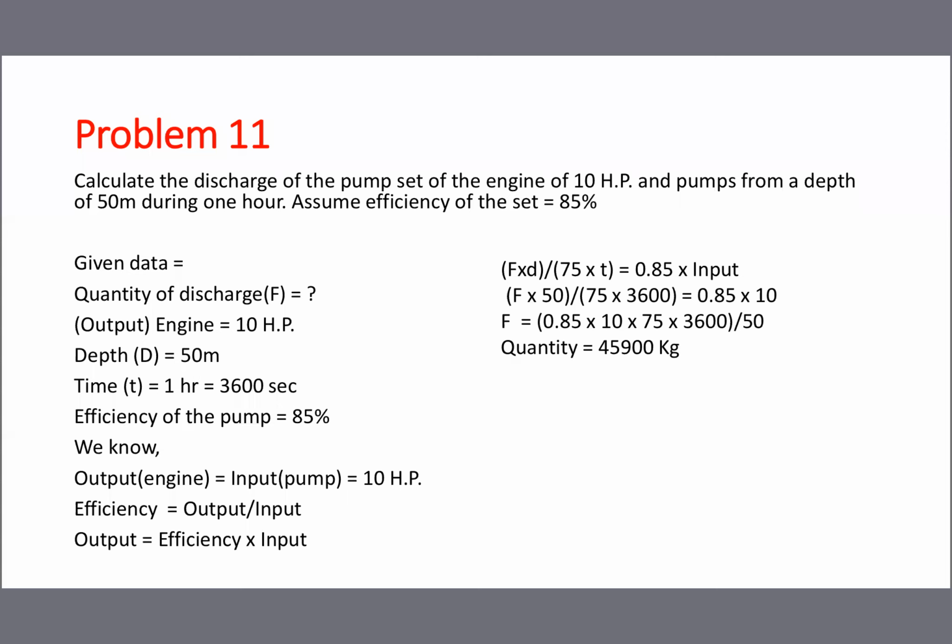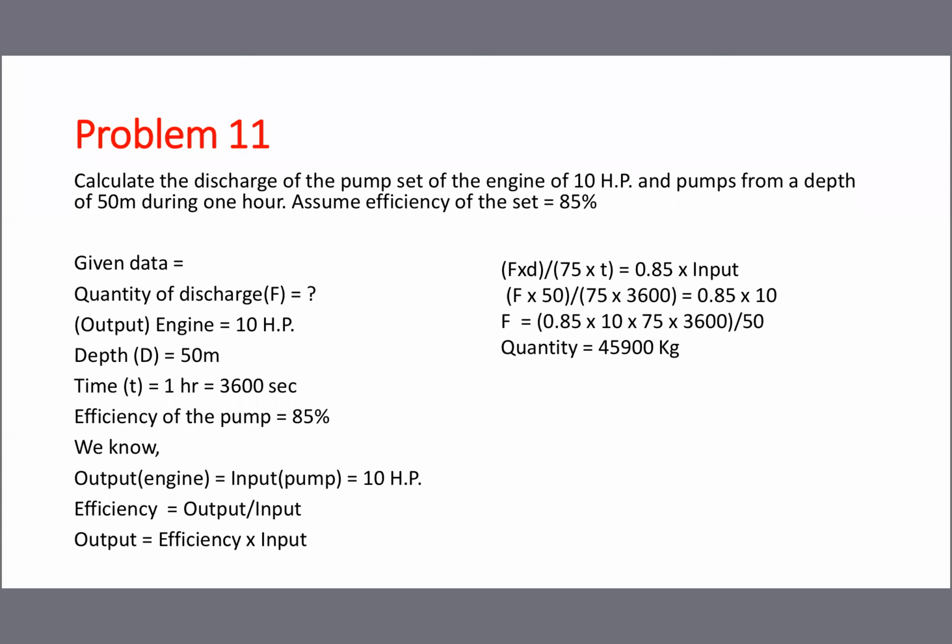So go to formula. Efficiency data is also given. Directly attack with the efficiency formula. Efficiency is equal to output divided by input. From this, output is equal to efficiency multiplied by input.